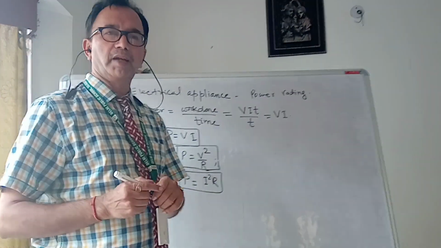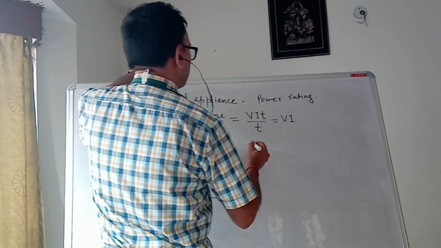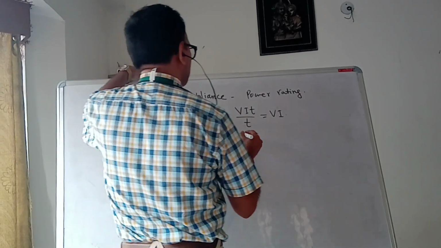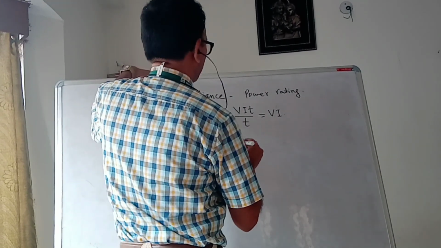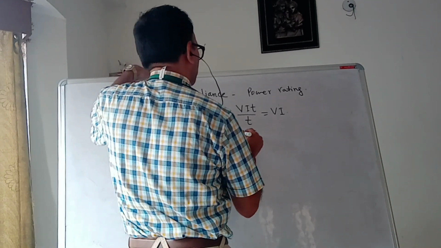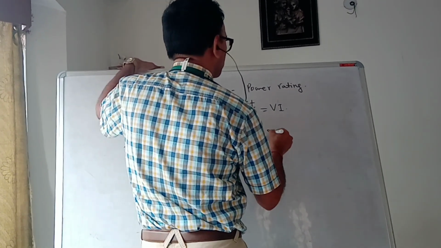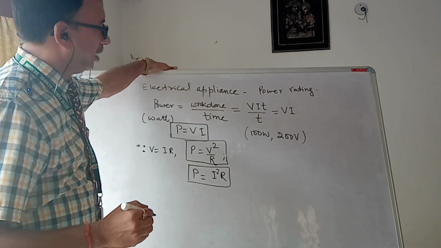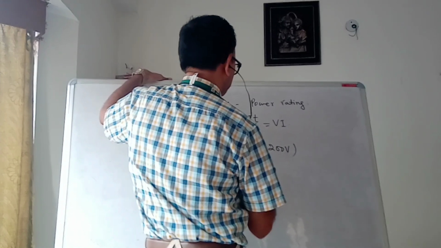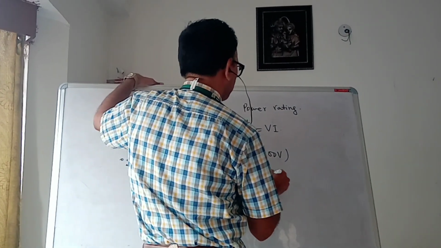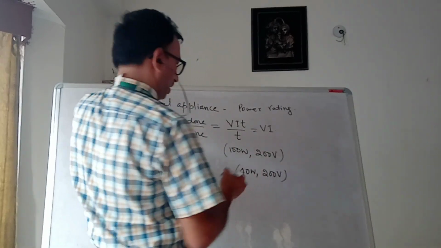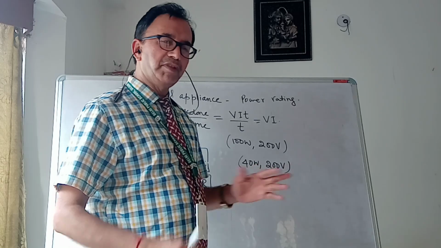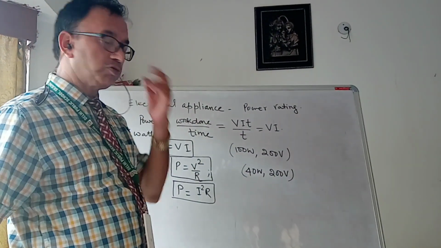For example, suppose I have a bulb with power rating 100 watt, 200 volt, and another bulb of 40 watt, 200 volt. Which bulb has a higher resistance? How to calculate?